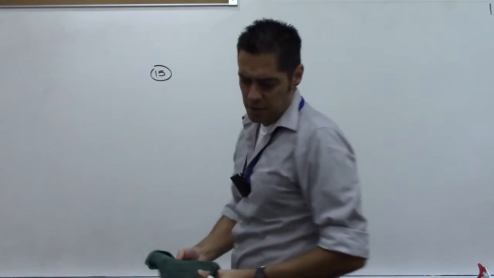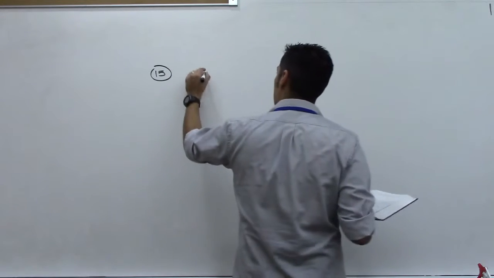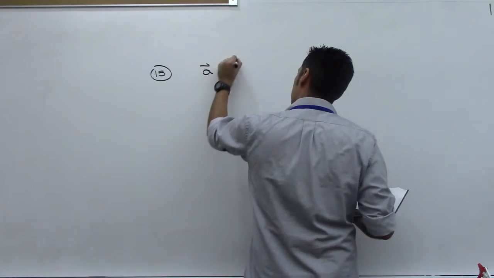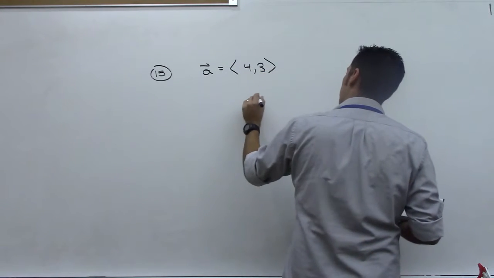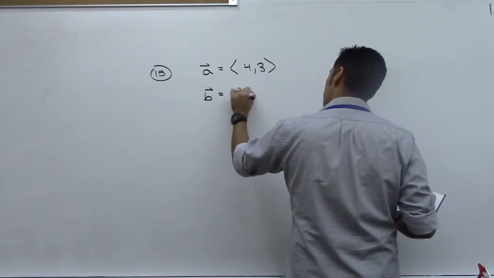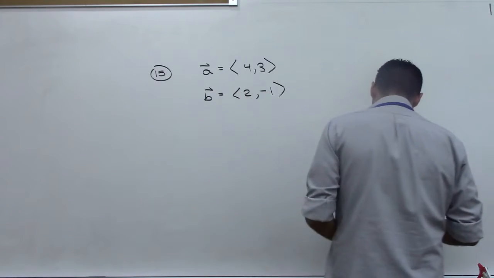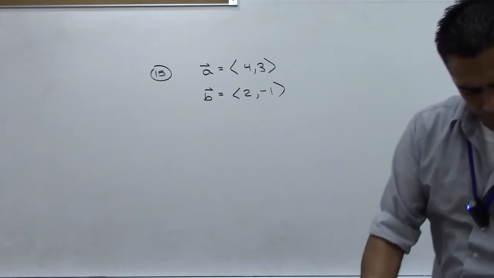I've got some vectors here. You've got A, vector 4, 3. B is the vector 2, negative 1. And we're supposed to find the angle between these two vectors.